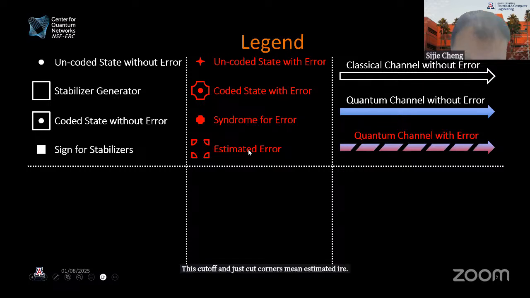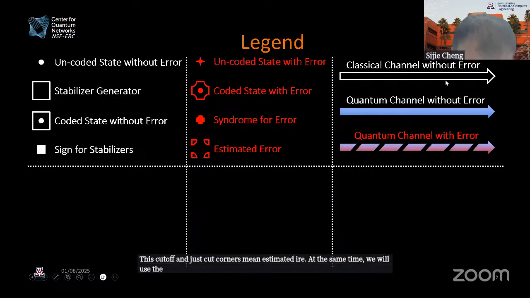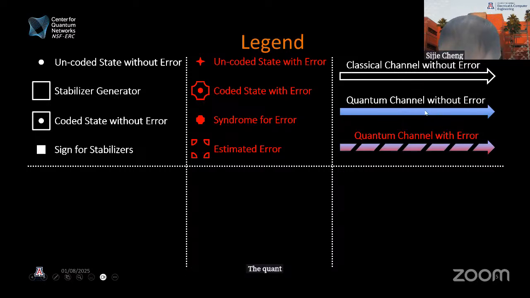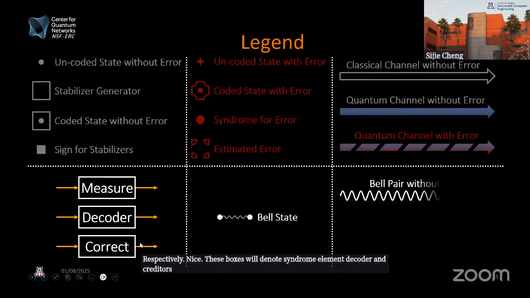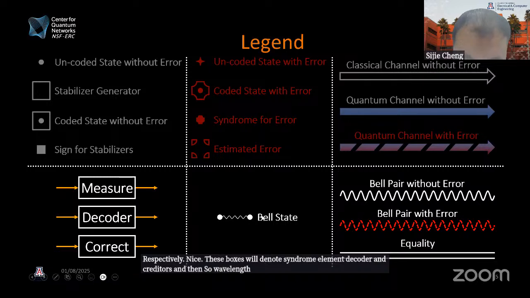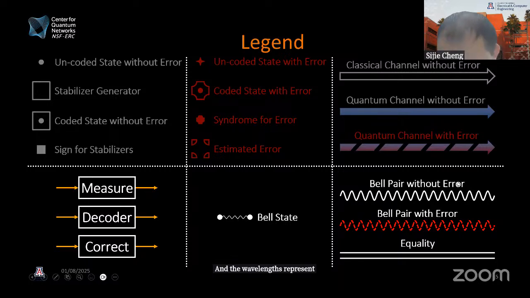At the same time, we will use different arrows to represent the classical channel without error, the quantum channel without error, and the quantum channel with error, respectively. Next, these boxes will denote syndrome measurement, decoder, and corrector. And then the wavy lines with dots mean Bell state, and the wavy lines represent the Bell pair without error, and the dashed line for those with errors, and the double lines will represent equality.